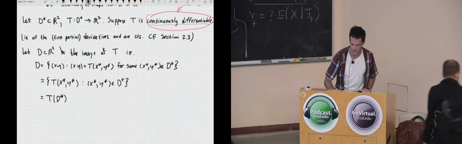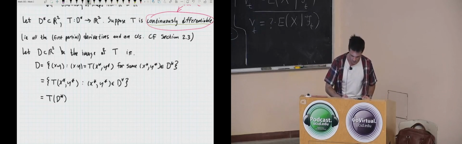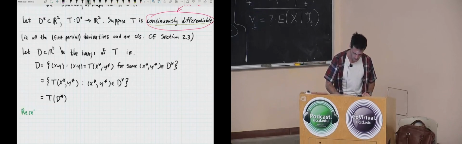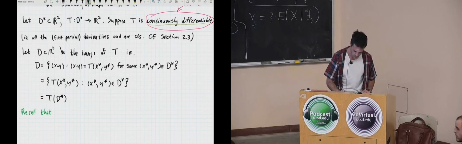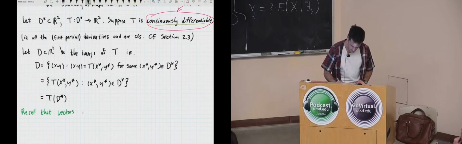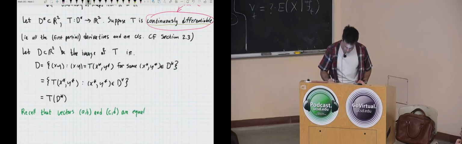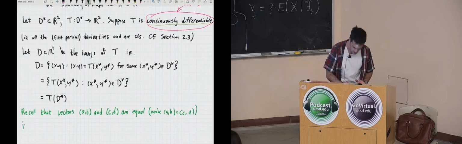Let me remind you of what it means to say that two vectors are equal. Recall that if we have two vectors, let's say AB and CD, are equal, in which case we write that AB is equal to CD, what does that mean?